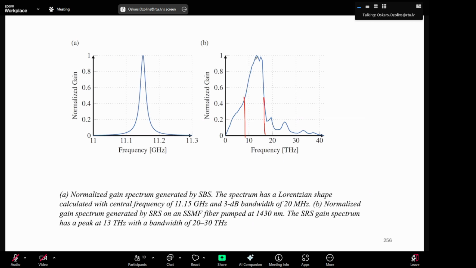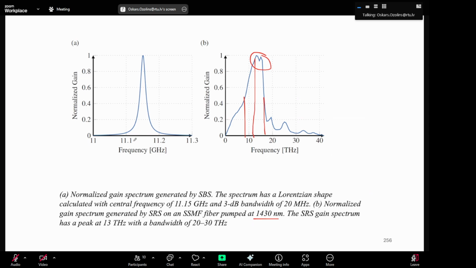Here, at the peak, we have at least some 5 terahertz. So this can also be used as an amplifier. And by changing these pump wavelengths, you can build different fiber amplifiers to amplify the signals.